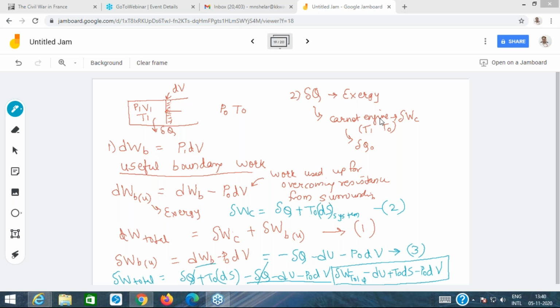Others? Okay, Ganesh wants me to repeat this. Anybody else? Okay, taking Ganesh as a representative of the students who want me to repeat, I am repeating this.